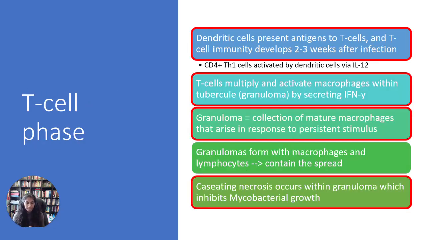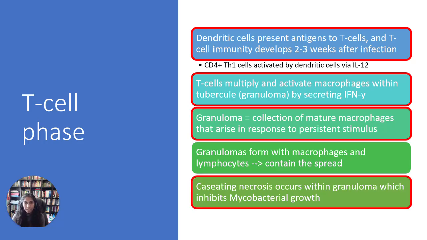If the infection is not able to be controlled, we move on to the next phase, the T cell phase. Those dendritic cells that were recruited to the area present antigens to the T cells, and then T cell immunity develops 2 to 3 weeks after infection. These T cells multiply and activate more macrophages within this granuloma by secreting interferon gamma, which recruits these macrophages.